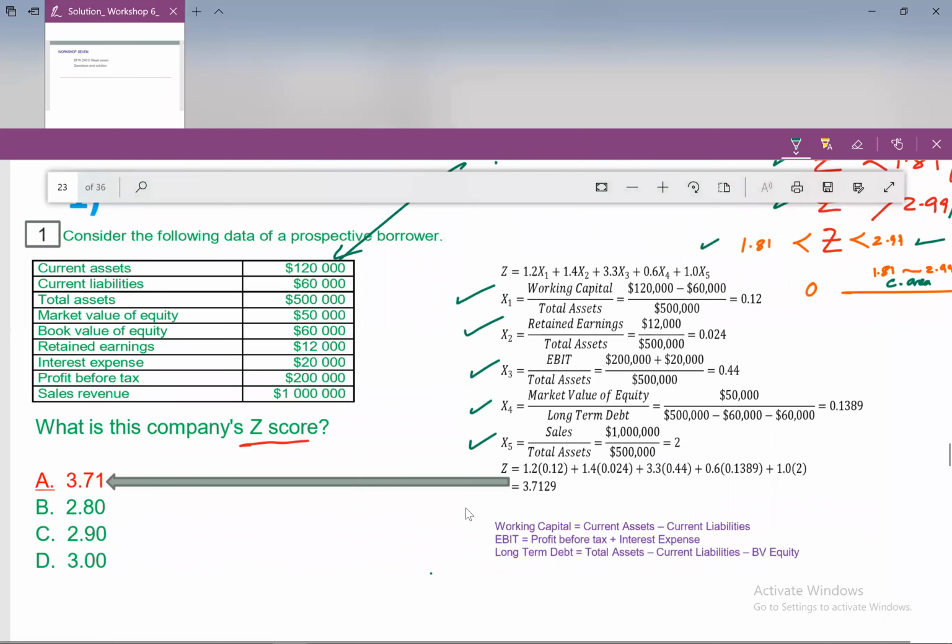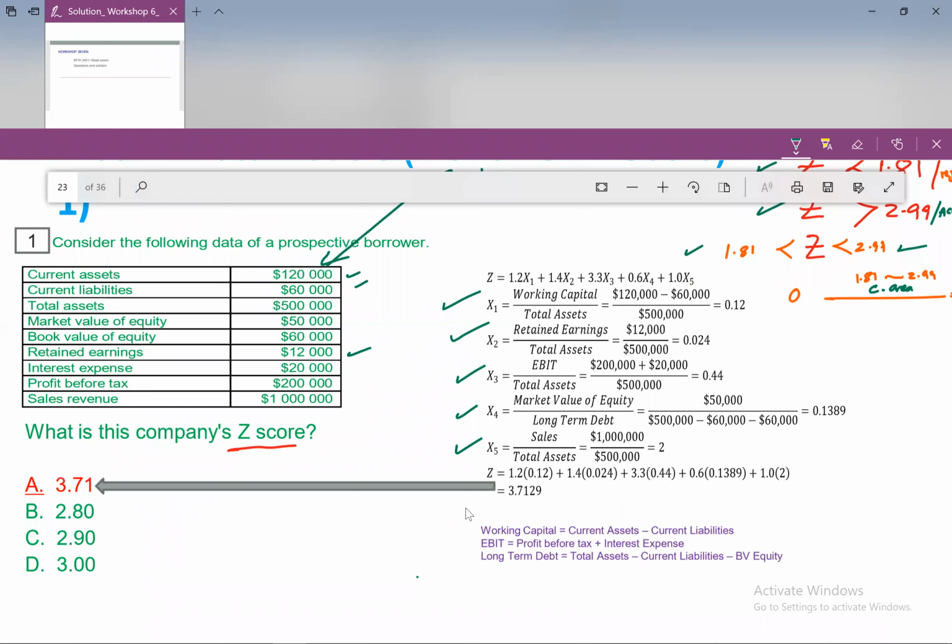For X3, EBIT: you have profit before tax, but you want earnings before interest and tax, so you have to add the interest expense. 200 plus the 20 over the total assets. So we calculate it. And then market value of equity is straightforward.